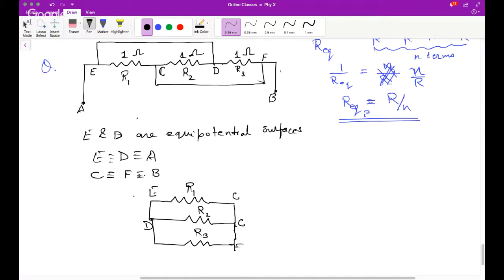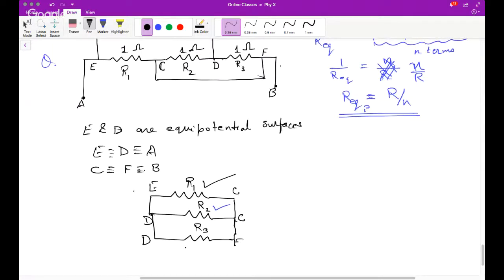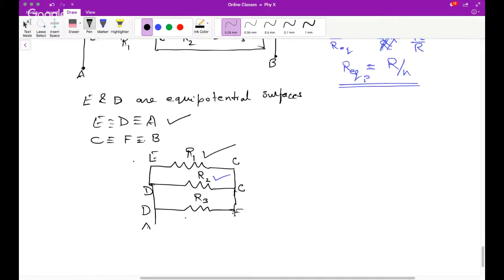There is a resistance between E and C, R1. There is a resistance between C and D, R2. And there is a resistance between D and F, R3. All three done. And what was A? A is equal to D only, right? See above, A is equal to D. So this is A. And what was B? B is nothing but here. Now can you find out the equivalent resistance?